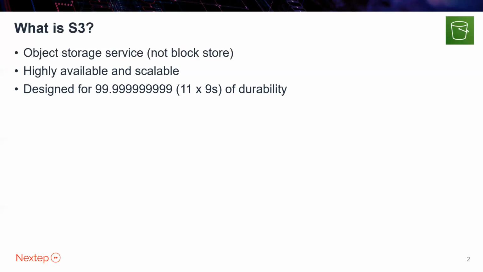We have availability, we have scalability, and we have durability. Durability meaning chances of losing the data. So the chances of losing the data with that 11 nines of durability is probably one in several billion objects, meaning you will never lose an object. That's what it means.